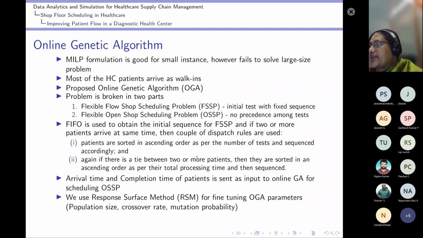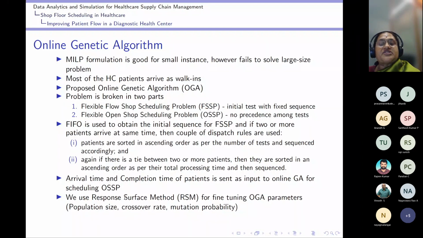So this is a pretty straightforward formulation. We have a genetic algorithm to address this formulation. Because MILP works only for very small instances, we looked at an online genetic algorithm where we broke the problem into two parts. The first was a flexible flow shop scheduling problem, and the second was a flexible open shop scheduling problem.